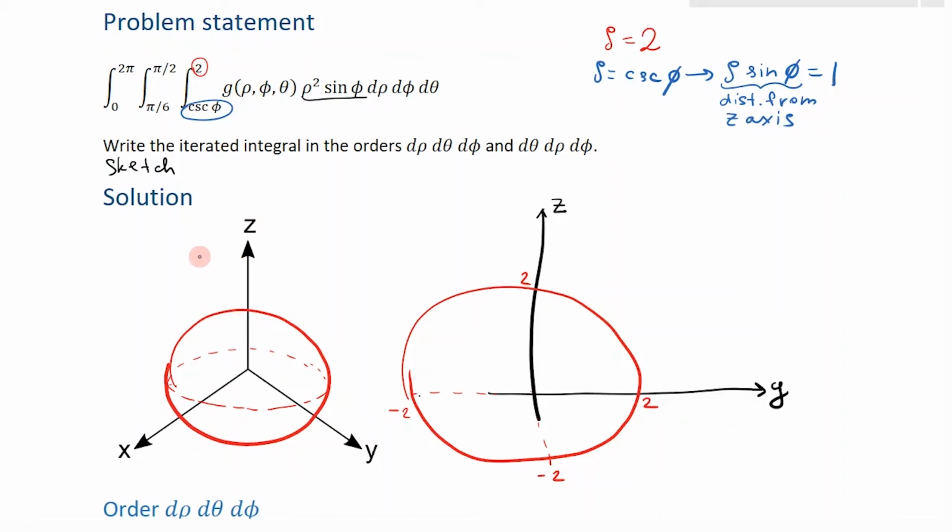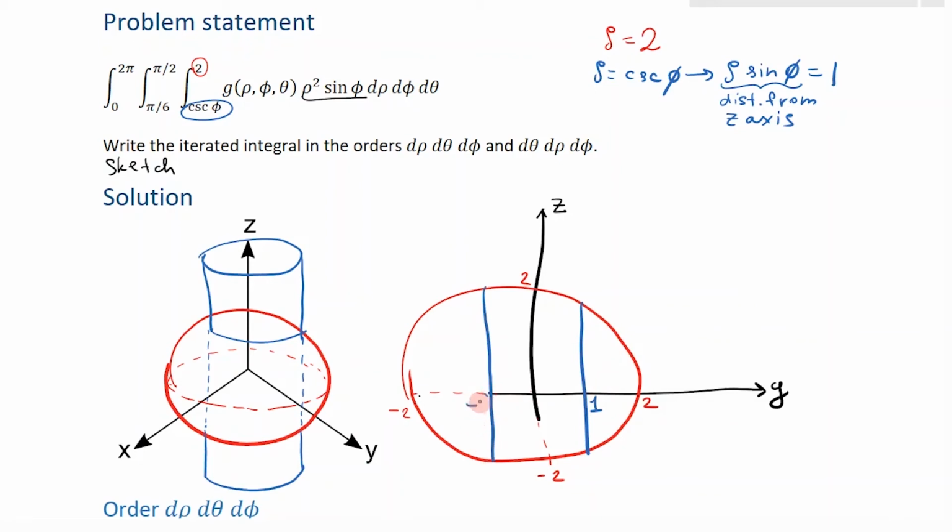So this would be a surface like this. Let me draw it better. Like this at 1, and then we have this guy at -1.